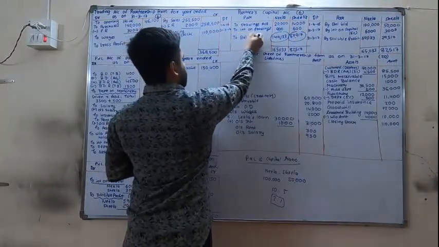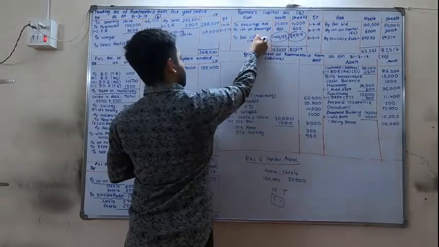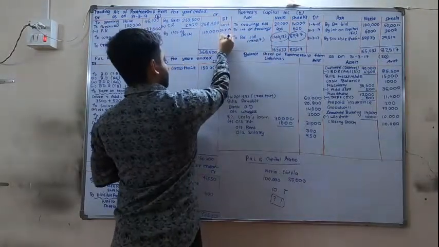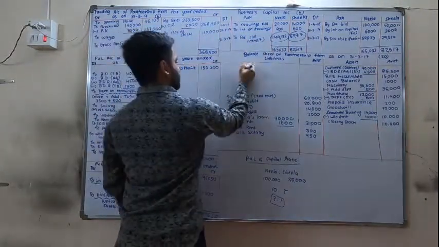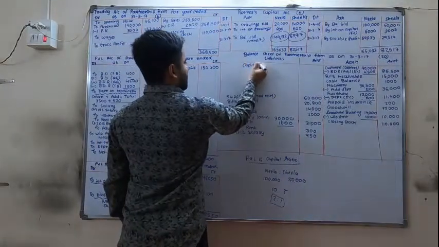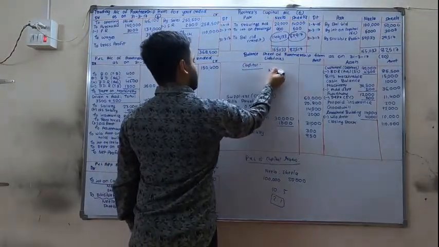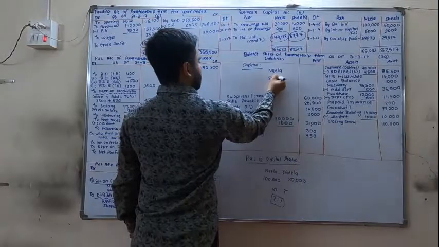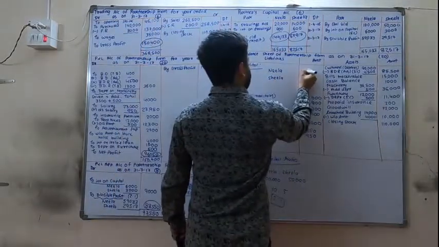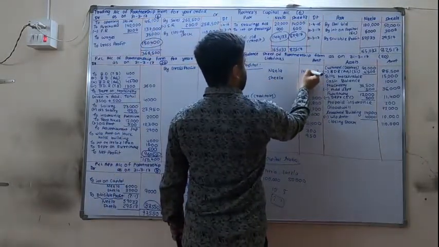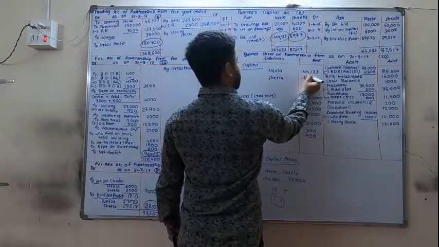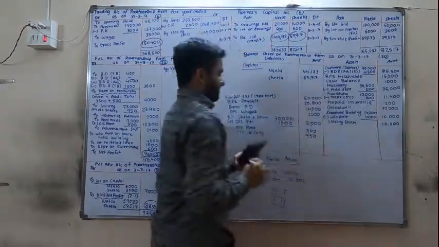To balance carried down, credit balance. So capital Neela, Sheila, 1,44,133 and 67,970.